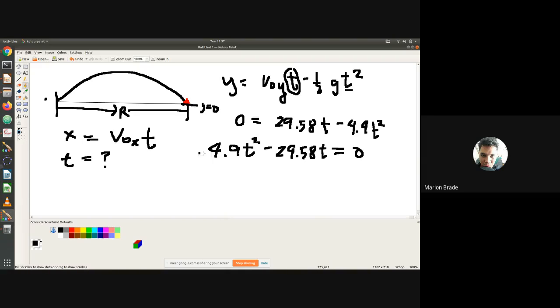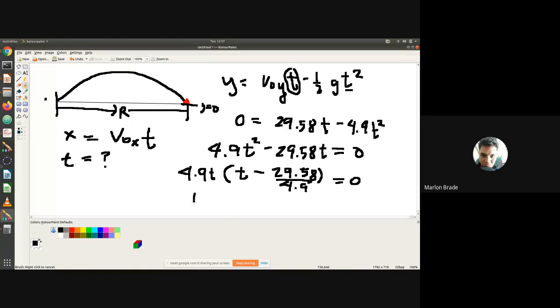If we factor out t, we get t times (4.9 t minus 29.58) equal to 0.